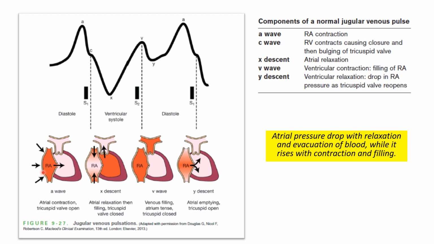Because there is contraction, the wave is a positive wave, because the pressure in the right atrium will increase. This will be reflected by a positive wave in the neck veins. We call it A wave, A for atrial contraction during this phase, and this is of course the last phase in diastole.